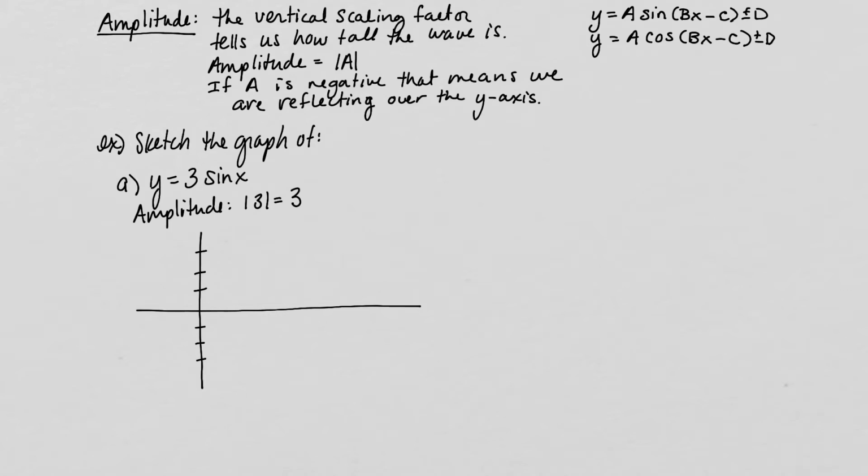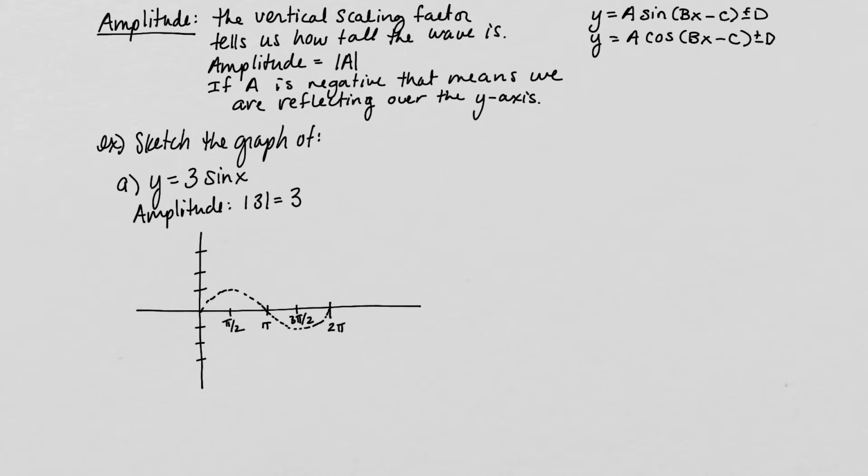I'm going to draw right now with a dotted line what the original sine function looks like. The original sine function would look like that, where this was 2 pi, this was pi, this middle point here was pi over 2, and this point here was 3 pi over 2. So that's the original sine function.